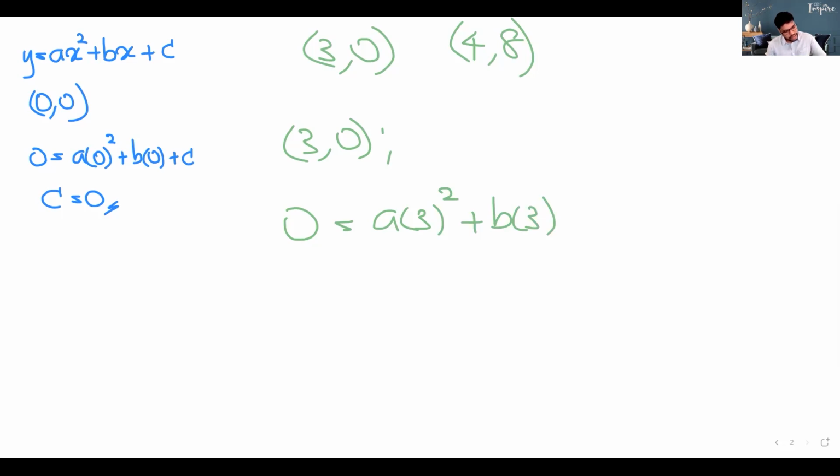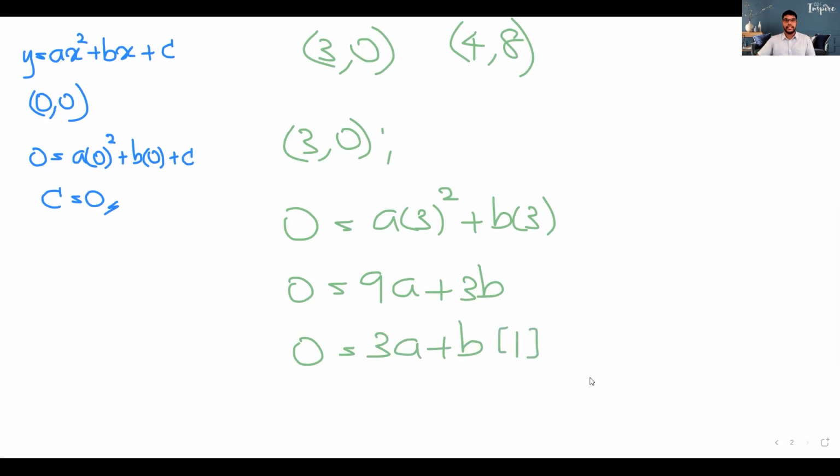When I simplify this equation, I get 9a plus 3b. Then I can divide the whole equation by 3 to simplify it more. So 0 divided by 3 is 0 and 9 divided by 3 is 3, plus b. So this is my first equation.